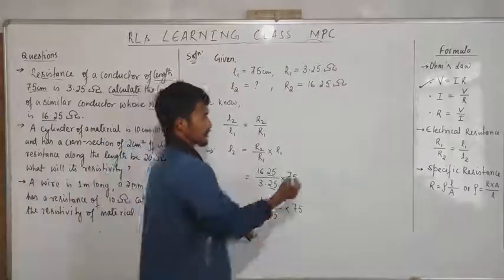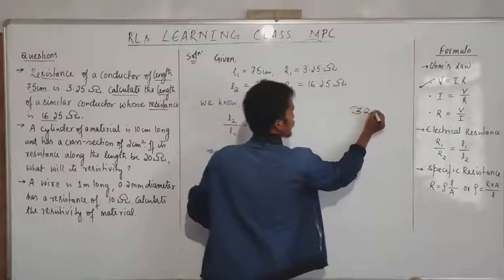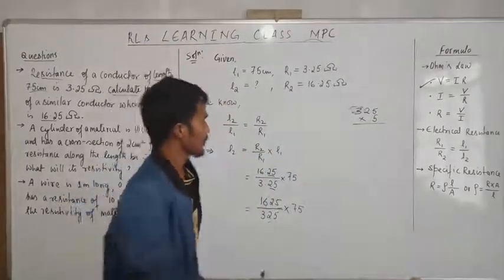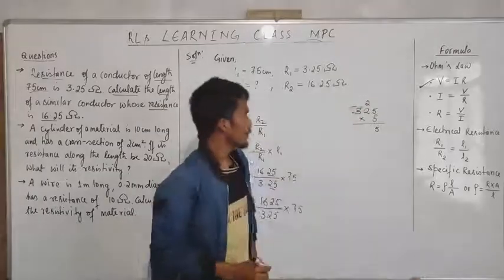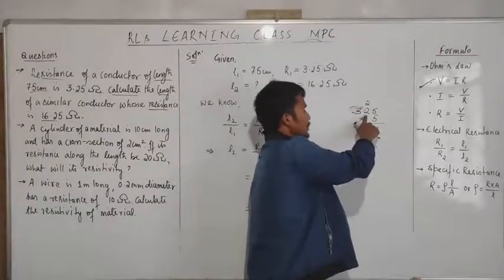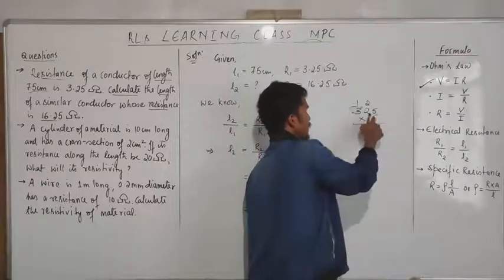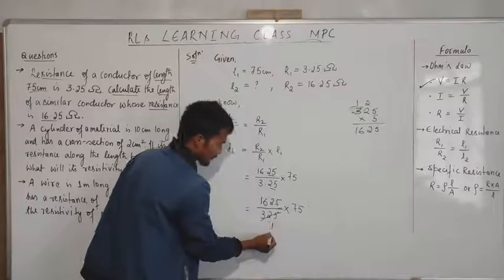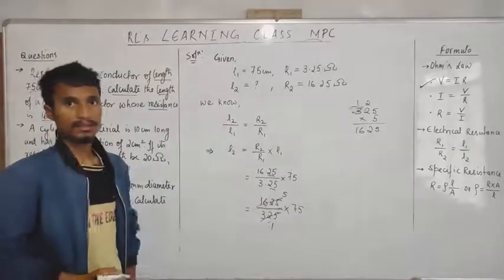Now 3 to 5, if I multiply with 5, how much do we get? Now 5 into 5, 25. Then 5 into 2 will be 10, plus 2 will be 12. Then 5 into 3 will be 15, then 16. Then 3 to 5 into 1, then 3 to 5 into 5 will be 1625.